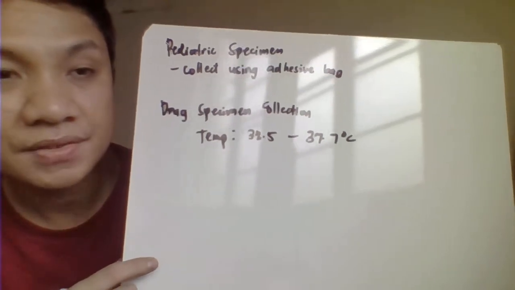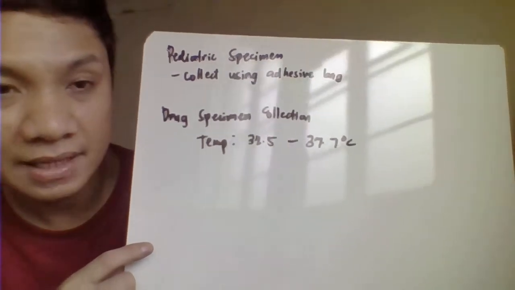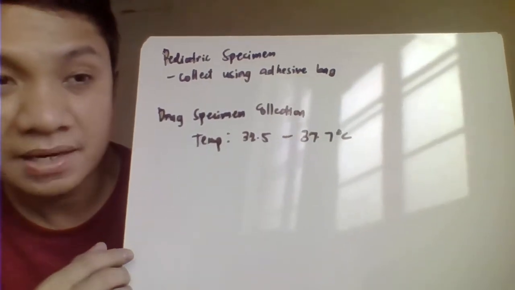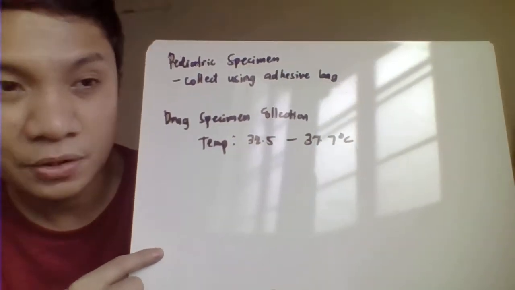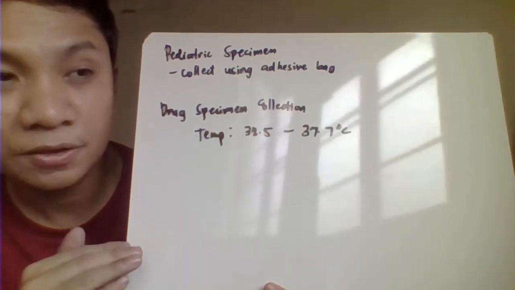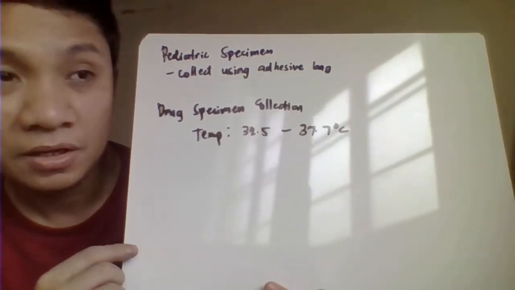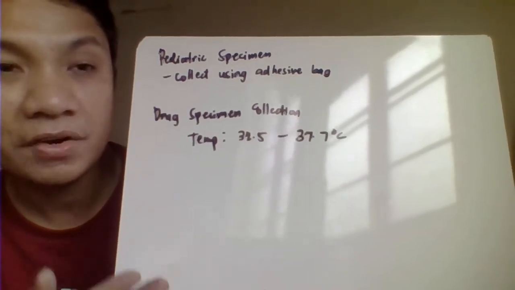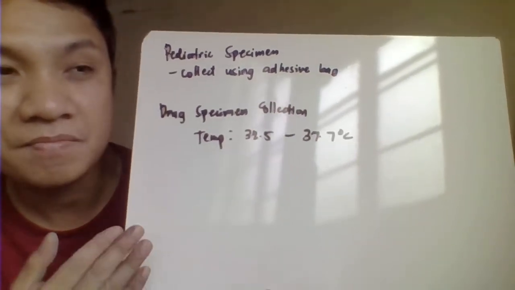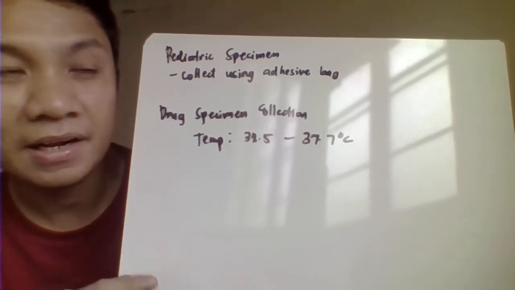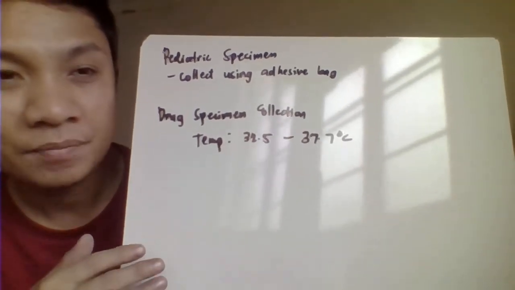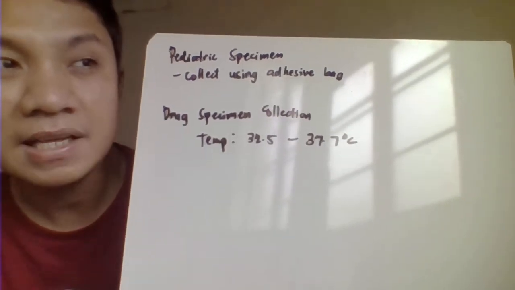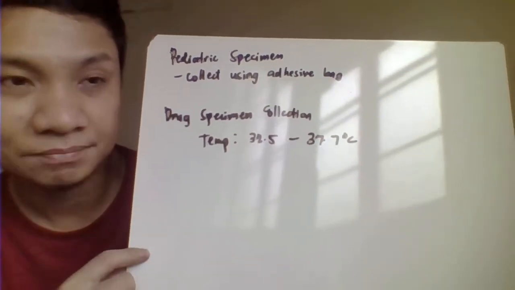Then we have the specimen for your drug test. The specimen for drug testing withstands a legal implication. So in the laboratory, you need to be very careful, and you need to make sure that the one undergoing the drug testing, in the name on your list, is really the one who collects the specimen.